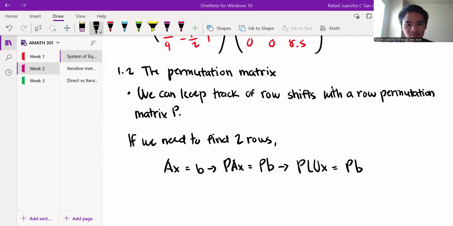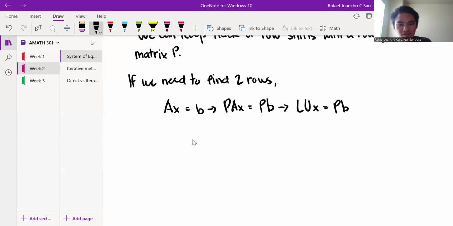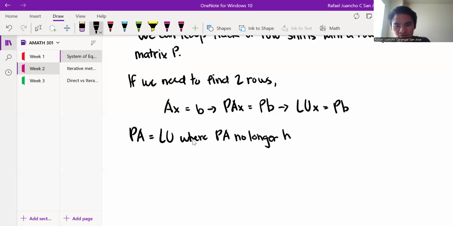Actually, we just do LUX equals PB, and here we say PA is equal to LU, where PA no longer has zero pivots, right?